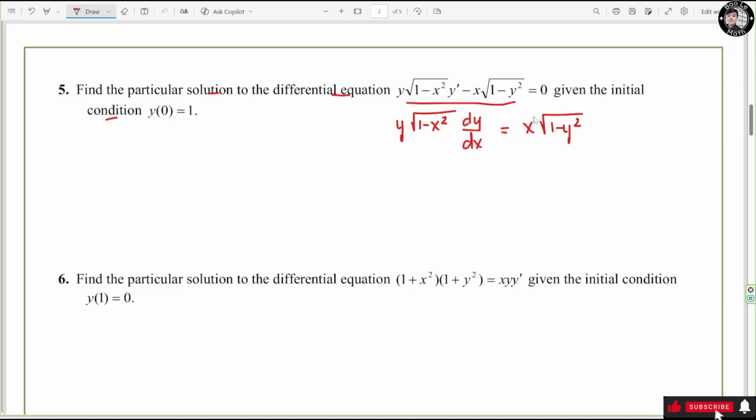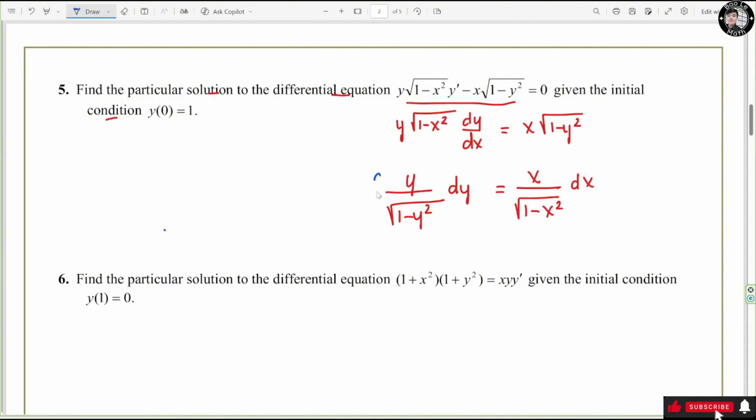So I'm going to divide both sides by square root of 1 minus y squared and multiply both sides by dx over square root of 1 minus x squared. So I have y over square root of 1 minus y squared dy equals x over square root of 1 minus s squared ds.